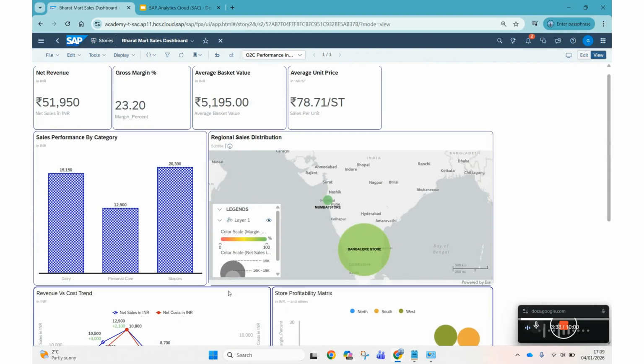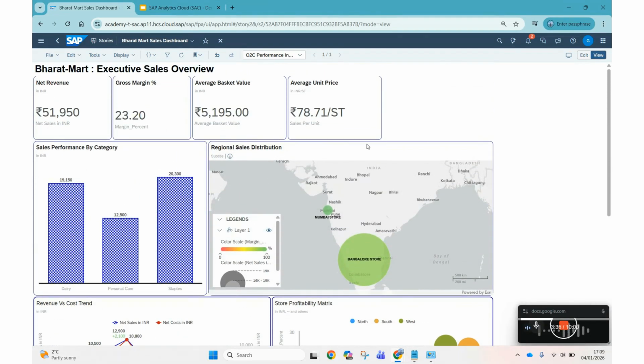And before we go, I would like to show a very powerful feature, which is the drill down. So when I select a particular bar in my sales performance by category, you would see all the numbers getting reflected, and they will be filtered based on the product that I have selected here.